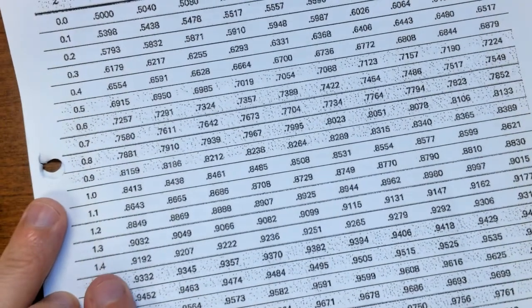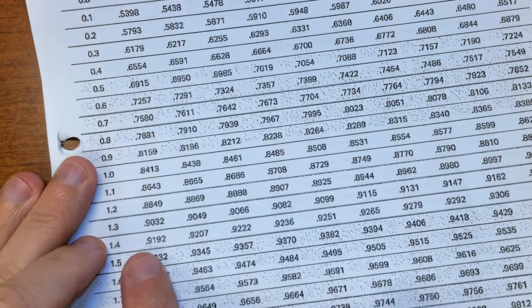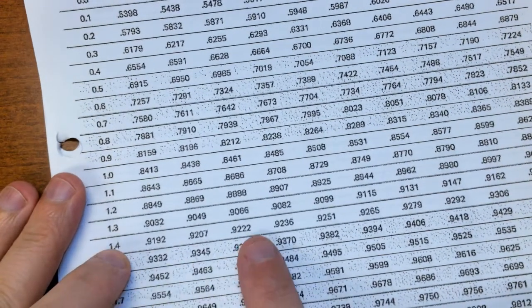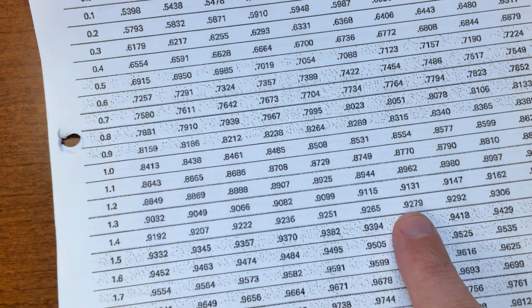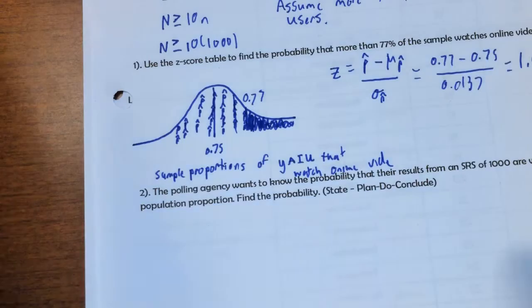So I look for 1.4 and then go over to 0, 1, 2, 3, 4, 5, 6, and I find that the probability that I'm less than that is 92.8, but we want to be greater than that, right? This area that we've shaded is actually bigger than that.